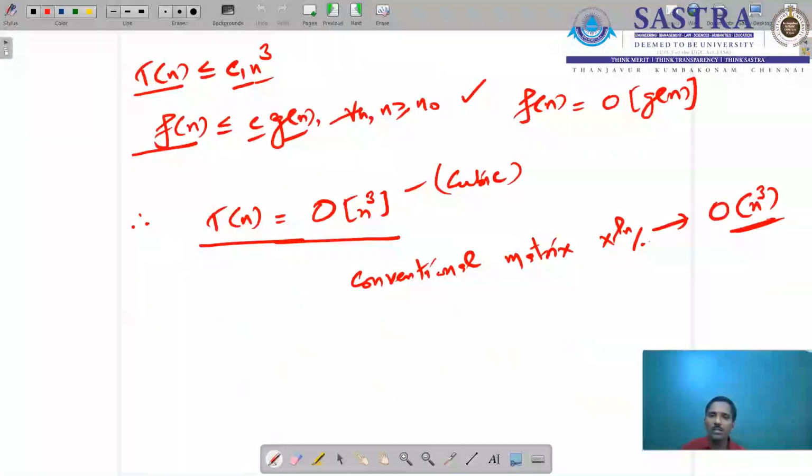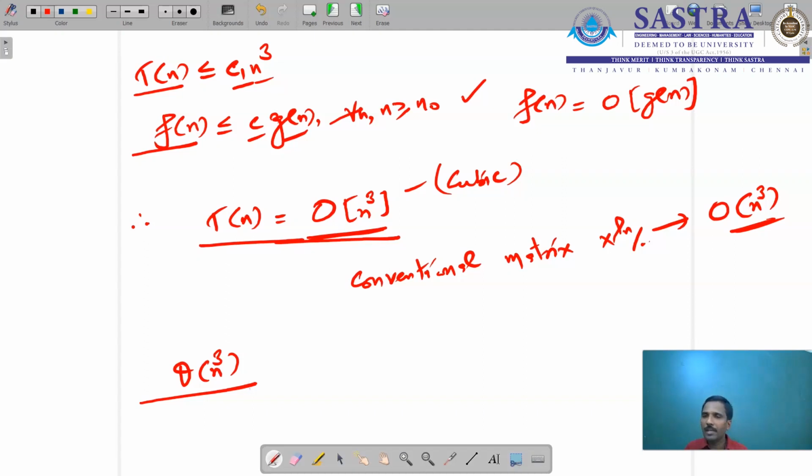Finally, we have got the result as a cubic computational complexity, order of n power 3. So clearly, the computing time of divide and conquer based matrix multiplication is order of n power 3 or theta of n power 3 in a time-bound notation.